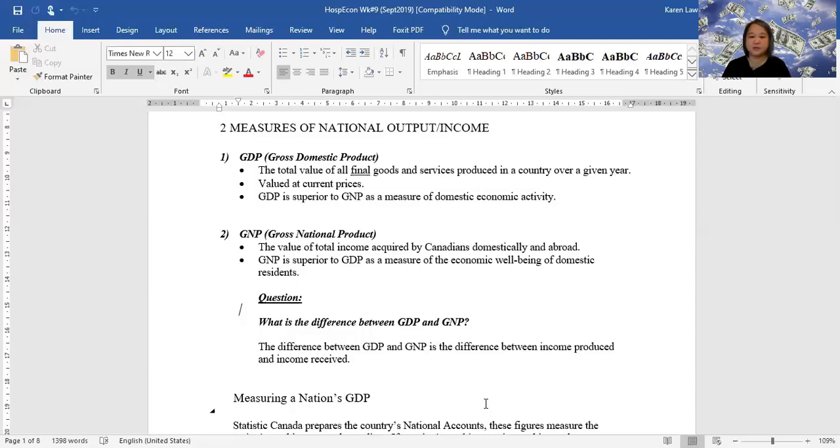So in our economy we use two types of measurements for our economic health. One is, like I say, our GDP. The other is called our GNP. Now, our GNP differs from our GDP because it is a measurement of income and not output or expenditure. So GNP is a superior measure to GDP as a measure of economic well-being of domestic residents.